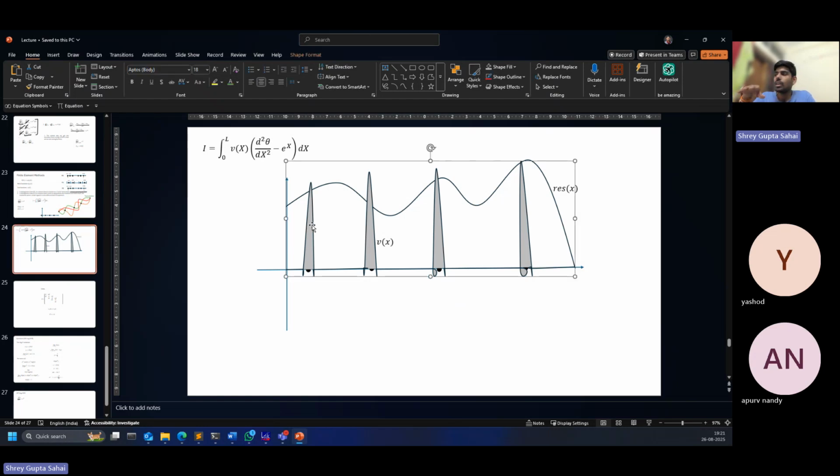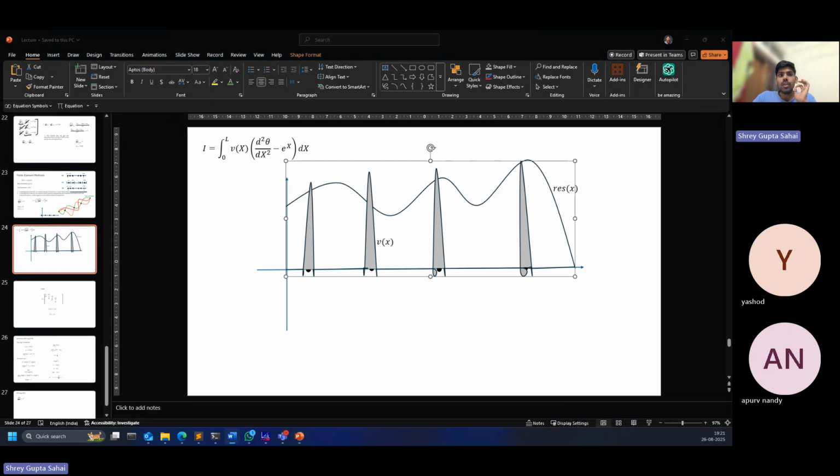It will be zero away from the node, and that error we don't care about. That error can be large, but close to this point, the weightage should be high. So at least the function will not deviate much near these node points. This is the entire philosophy of the finite element method.